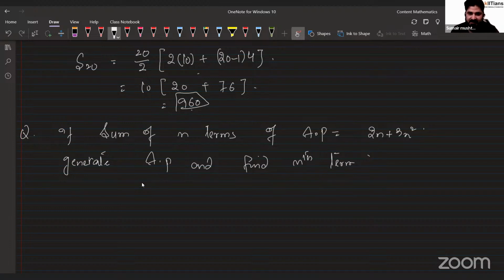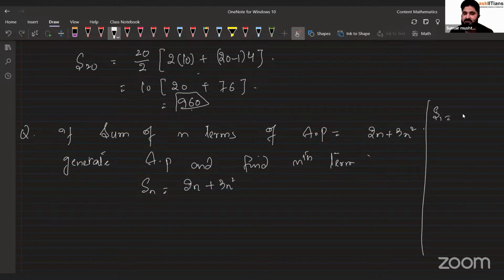See, the formula for the Sn is given to you. That Sn is already given as 2n plus 3n square. First of all, I will tell you one thing, guys. What does S1 mean? That is the sum of first term. What does S2 mean? That is the sum of first two terms. What does S3 mean?